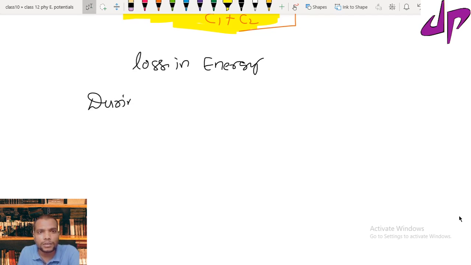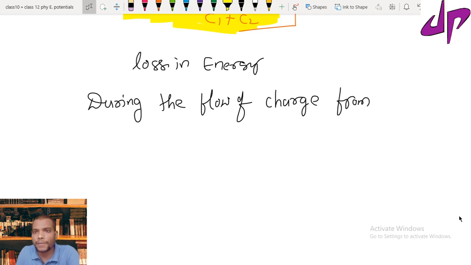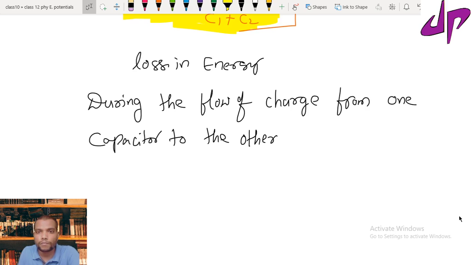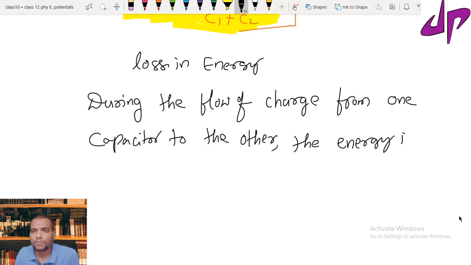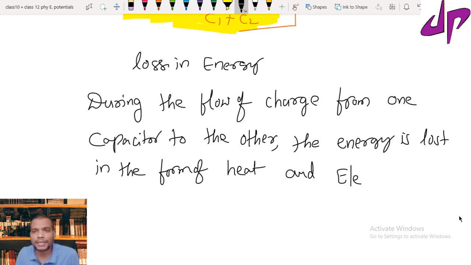Because during the flow of charge from one capacitor to the other, after connecting in parallel, since they are at the common potential, the energy is lost in the form of heat and electromagnetic energy.